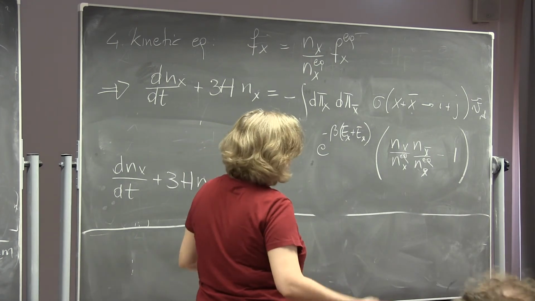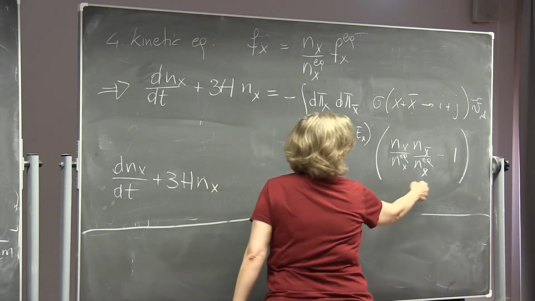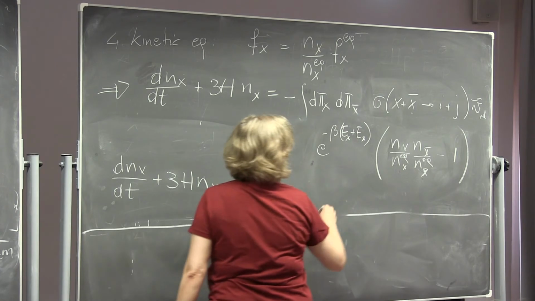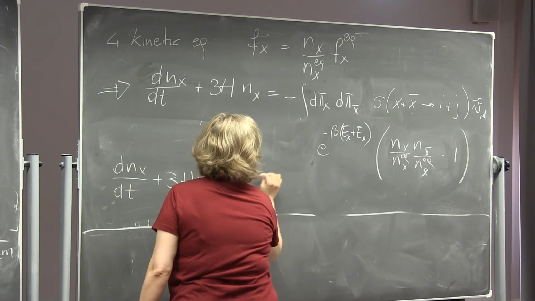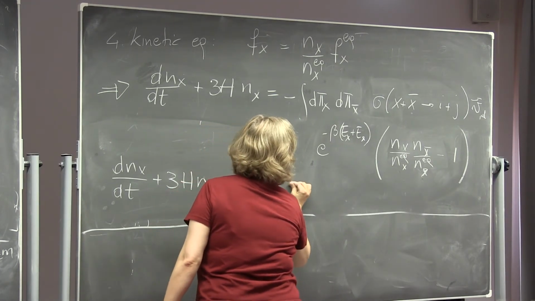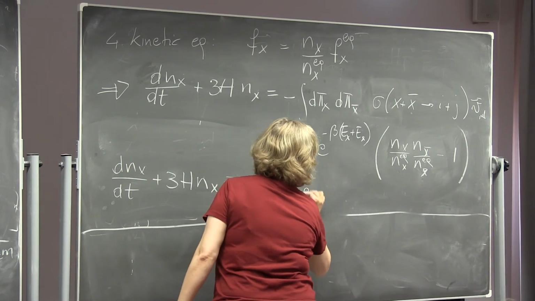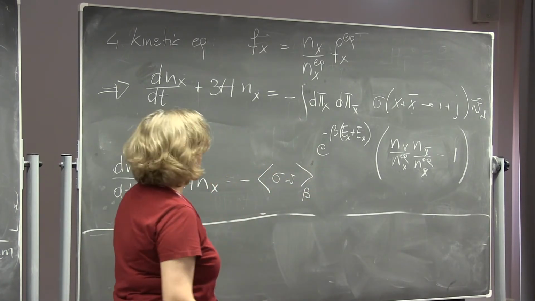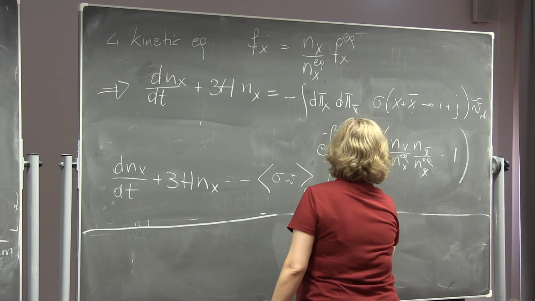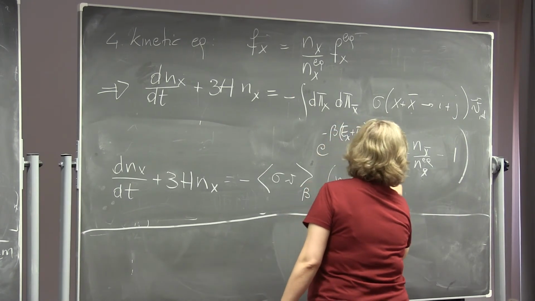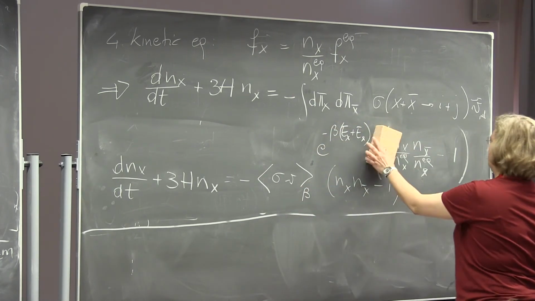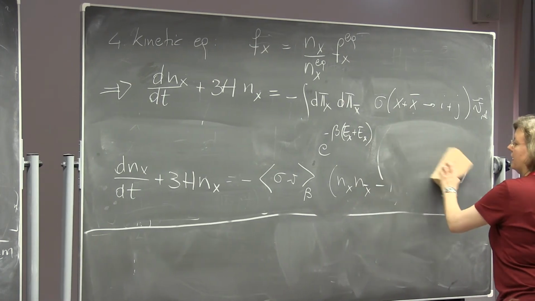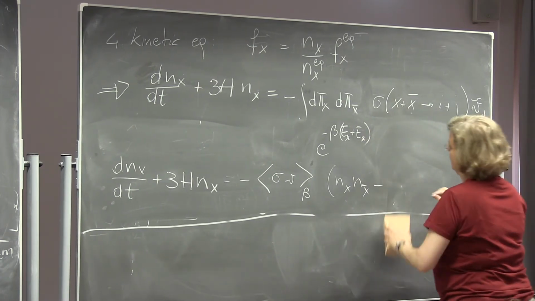And practically it's the definition. I can actually also extract this n equilibrium and define it as the average of sigma v at temperature beta. And then I have the factor of n_x bar minus, sorry, minus equilibrium. Of course, I took away the n_x equilibrium.